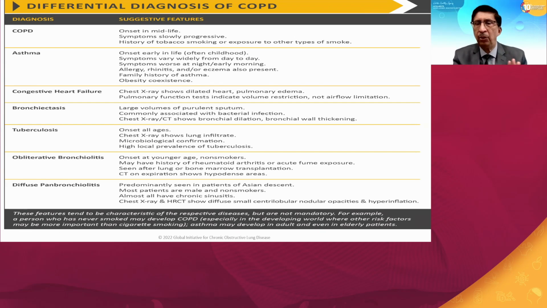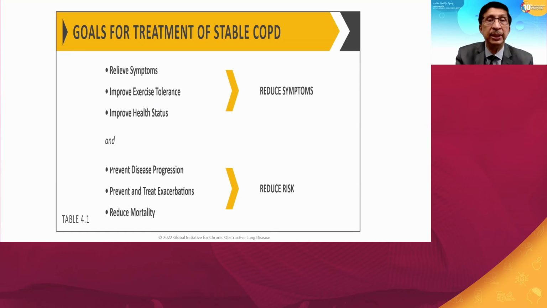Also, before making a final diagnosis, make sure you rule out other conditions like asthma, congestive cardiac failure, bronchiectasis, TB, or any form of obliterative or pan-bronchiolitis. All these have their own features and investigations, which I will not go into in too much detail.